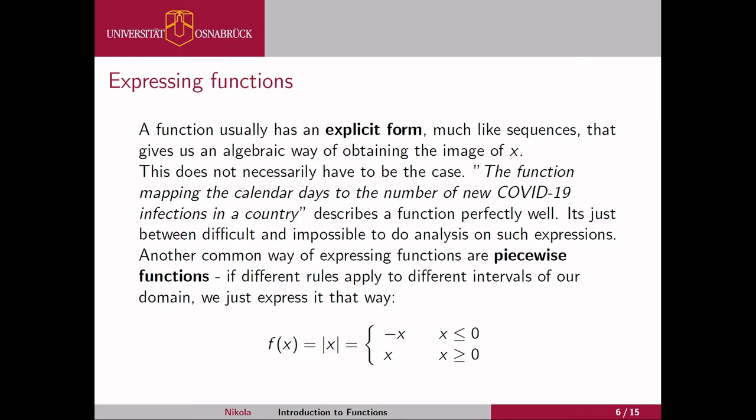Take the following sentence, for example. The function mapping the calendar days to the number of new COVID-19 infections in a country. This function maps the days in a year to their respective number of new COVID infections on that day. And this is no function that we can obtain in any sort of practical way analytically, right? There is no underlying 1 divided by x squared times e to the whatever, right?